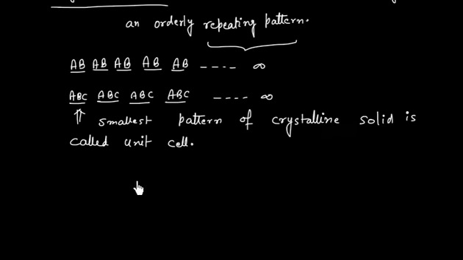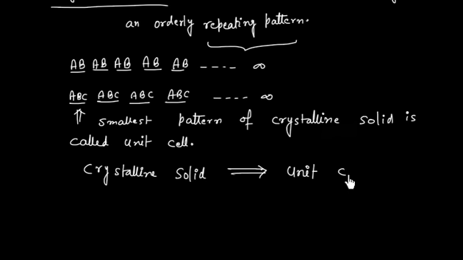Whenever we have a unit cell, this means the corresponding solid is crystalline. Or the other way around also, if I have a crystalline solid, it must have a unit cell. Or we can say unit cell is only defined for crystalline solid.